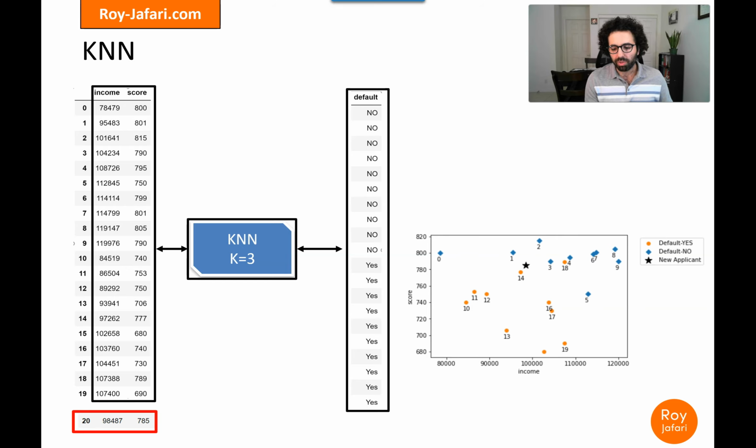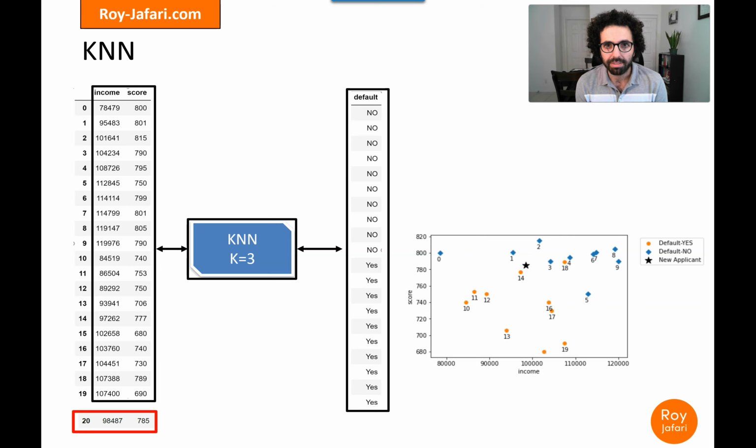What we see here is a three-dimensional visualization: income as the x-axis, score as the y-axis, and the color or shape of these points as the default attribute. Pay attention here: this is visualizable because we only have 3 dimensions. If we had more, we wouldn't be able to do this visually. We would have to do it using the algorithm. But now we are using the visualization to learn about the algorithm.